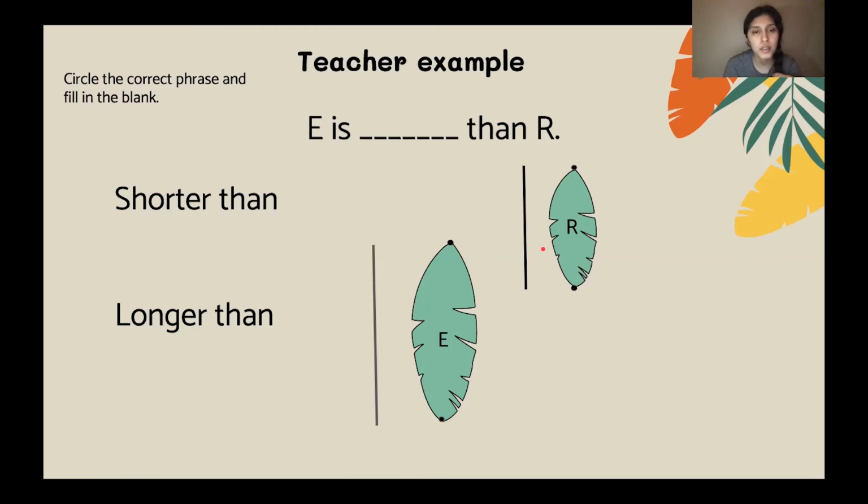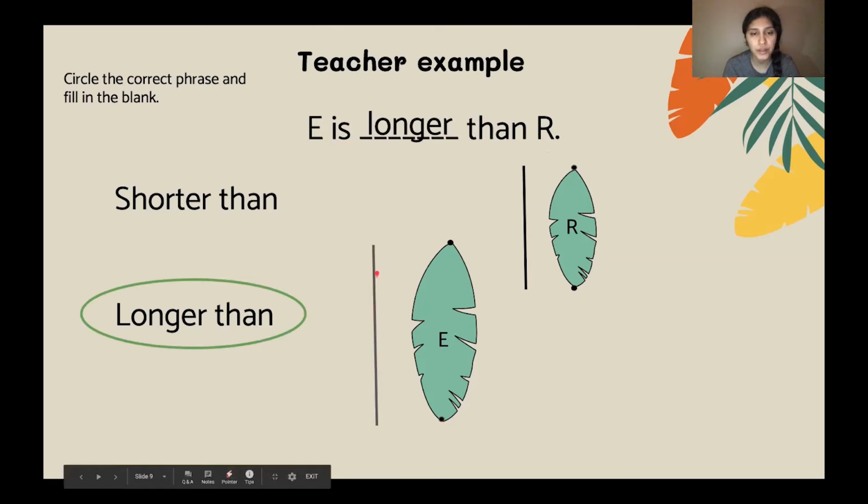So which one? Is E shorter than R or is E longer than R? E is longer than R. So E is longer than R because if we can see right here, this line is a lot longer than this one.